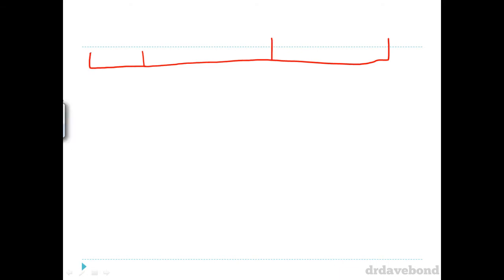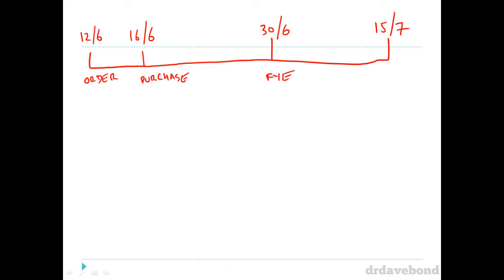So not quite to scale, but okay, what we have here is the order date. We have the purchase date. We have the financial year end, and we have the payment date.